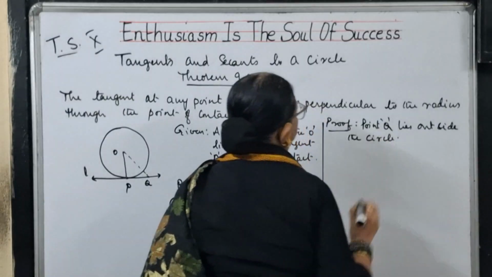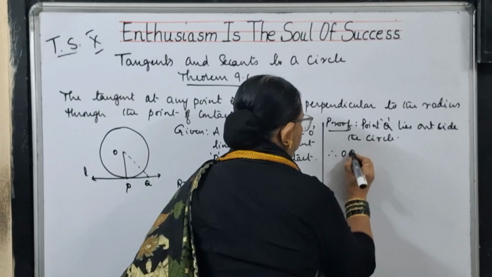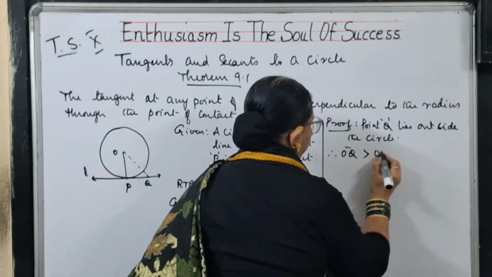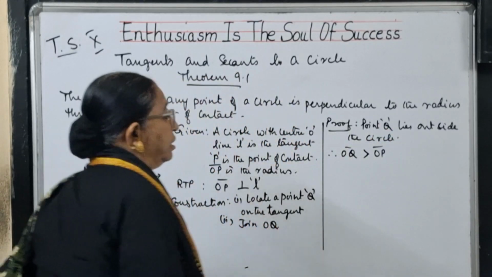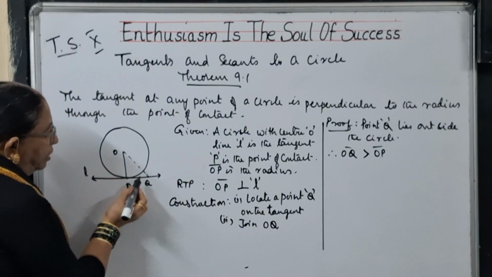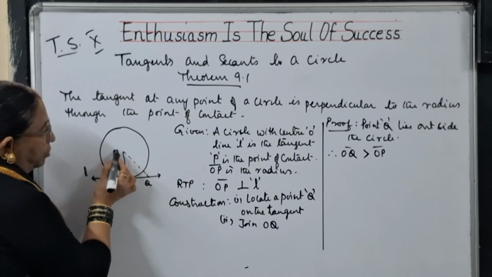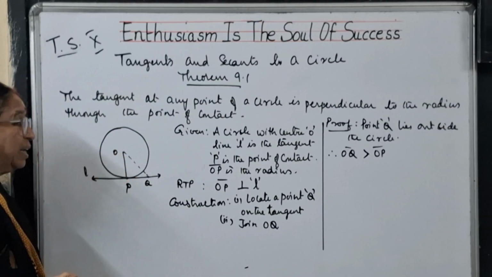Since point Q lies outside the circle, we can say that OQ is greater than OP. Why is it? Because this is the radius of a circle. When it is outside the circle, it should cross the circle and go out. So definitely OQ is greater.